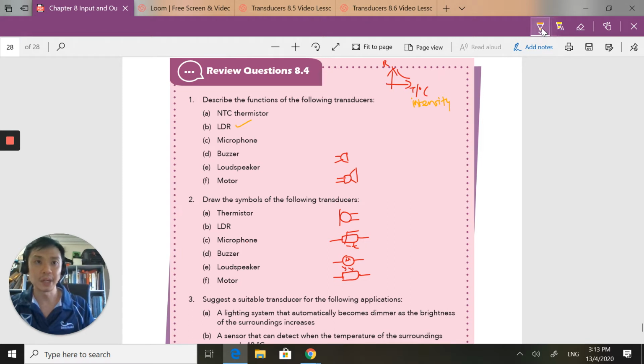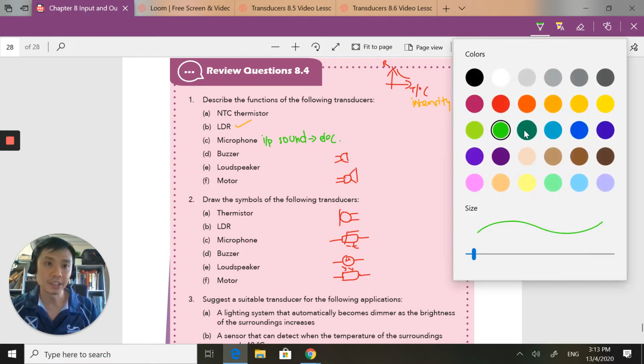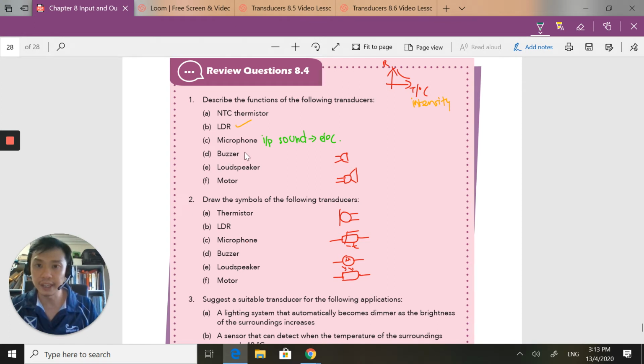Microphone: you also have to describe it as a transducer, and it's a good habit to describe it as an input or output transducer. A microphone is an input transducer which takes sound energy and converts it into an electrical signal. A buzzer is an output transducer which takes an electrical signal and changes it into sound energy.